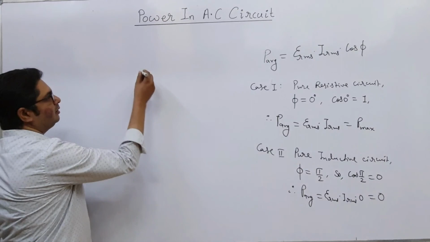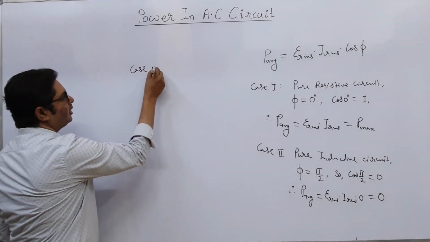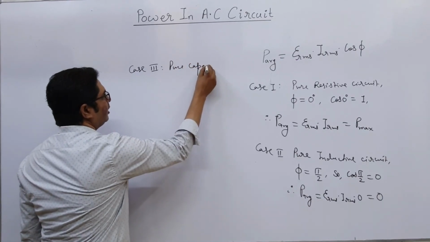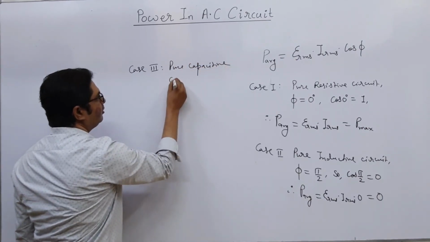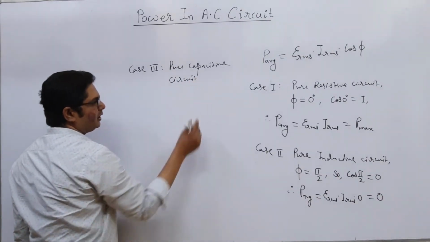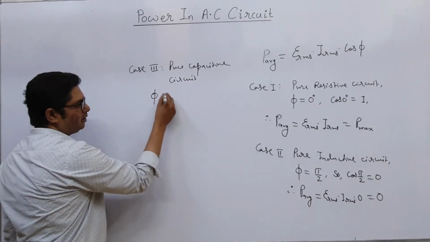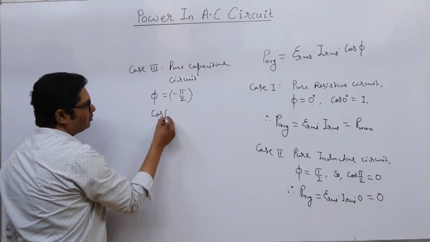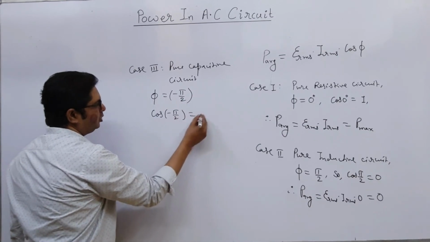Now see case number 3. Case number 3 is pure capacitive circuit. When you talk about a pure capacitive circuit, then you have phi is equal to minus pi by 2. So you have cos minus pi by 2, which is again 0.